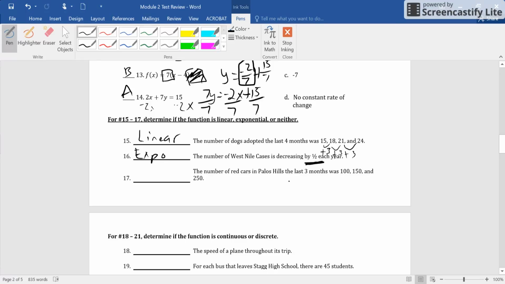The number of red cars in Palos Hills last month was 150. So this increases by 50. This increases by 100. So this actually is, if we divide these, we can do 150 divided by 100, which equals 3/2, which equals 1.5. So it's actually exponential.